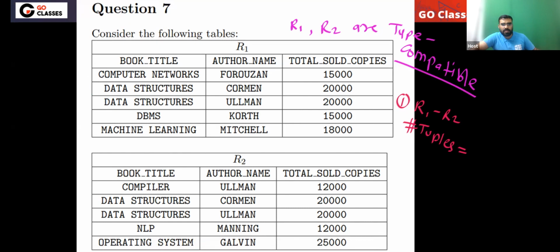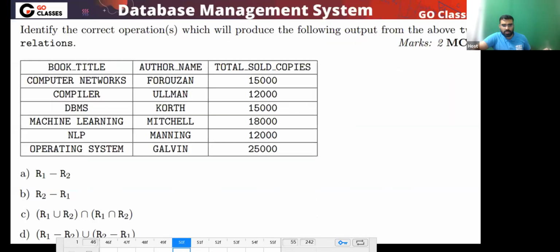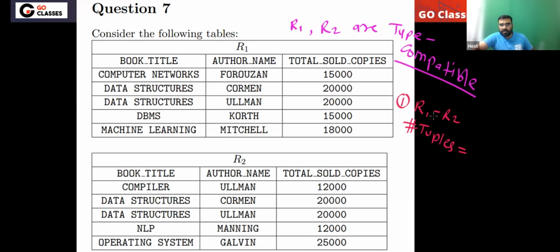DBMS Korth will come. Machine learning Mitchell will come. So three tuples will come in R1 minus R2.